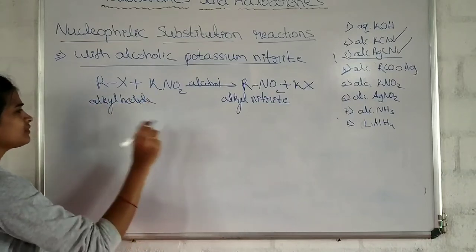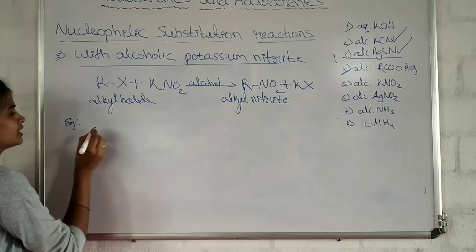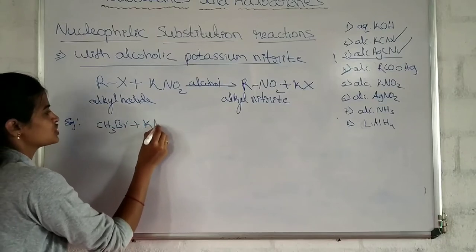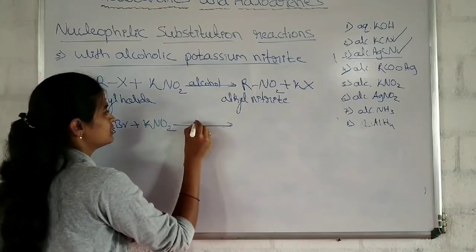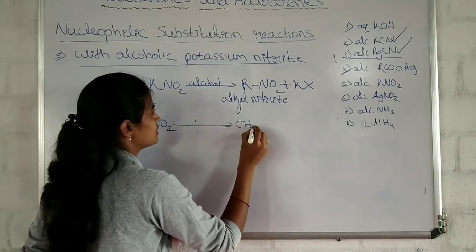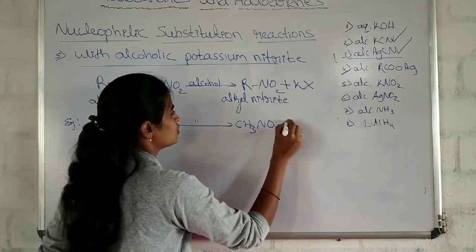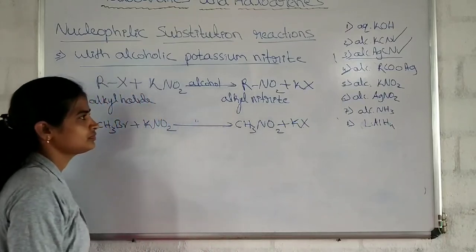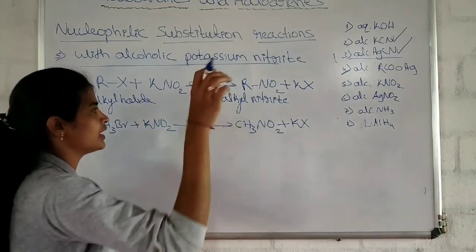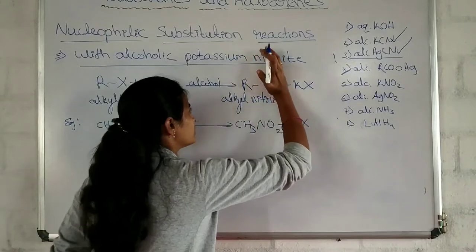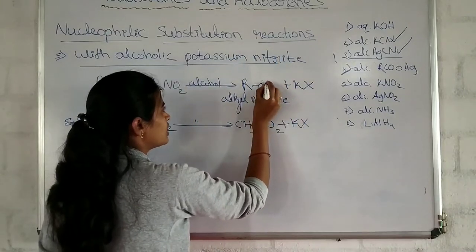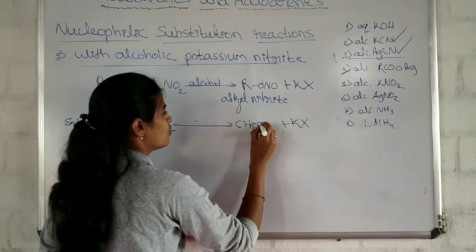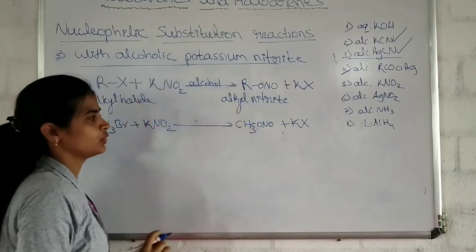Example: CH3Br plus potassium nitrite in the presence of alcohol gives CH3ONO plus KBr. Nitrite we are not writing as NO2, I am sorry, it is ONO.